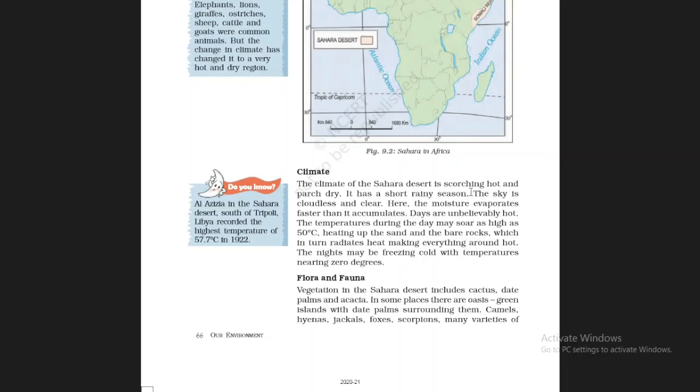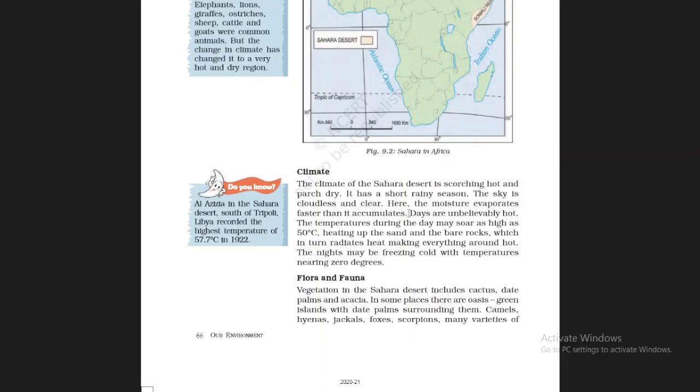Here the moisture evaporates faster than it accumulates. Accumulates means gather together. Whatever moisture is present evaporates very fast, faster than it gathers together.